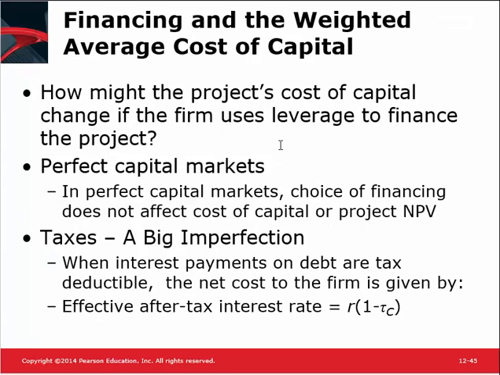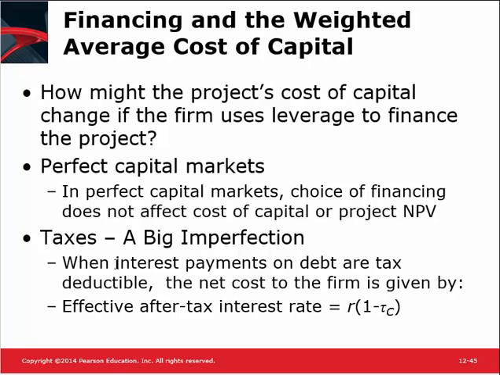So how might the project's cost of capital change when we start talking about using leverage to finance the project? In perfect markets, it doesn't matter. The choice of financing doesn't affect the cost of capital or project net present value. The challenge is we don't live in a perfect market, and taxes are important.